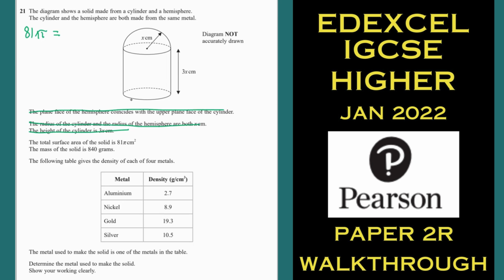Well, let's list it. The entire surface area of this shape, it has a circular base. That's pi times the radius squared. Now, when you unravel a cylinder, or the label of a soup or baked bean tin or whatever, it's a rectangle.